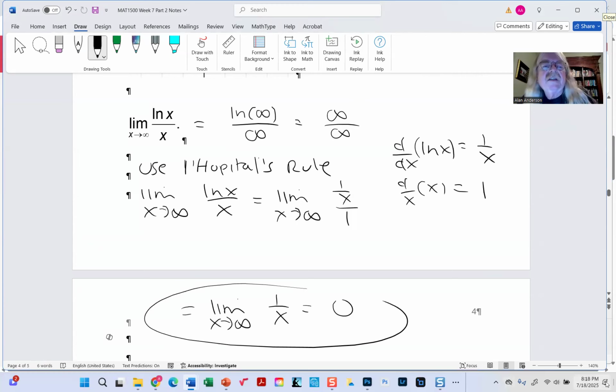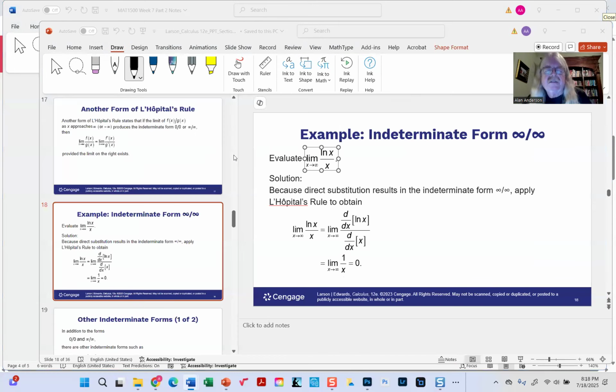All right, now let's go graph this. Now you can see there is a discontinuity here at 0. Let's see what this looks like. Log x over x.